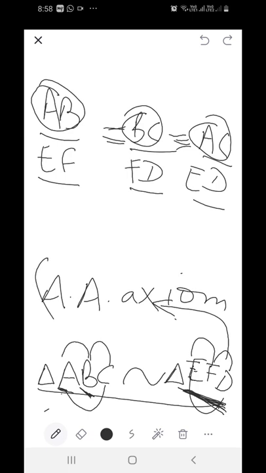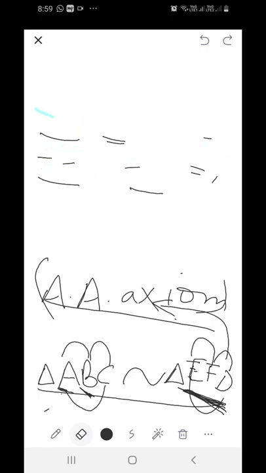As for congruency, you write the property. And you know the properties of congruency. What are the different properties of congruency? You must be familiar with all. One is SSS.